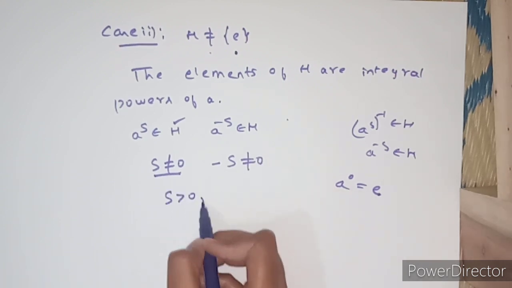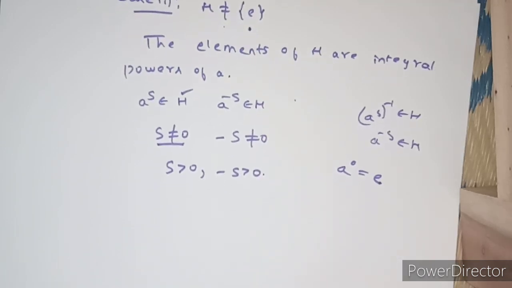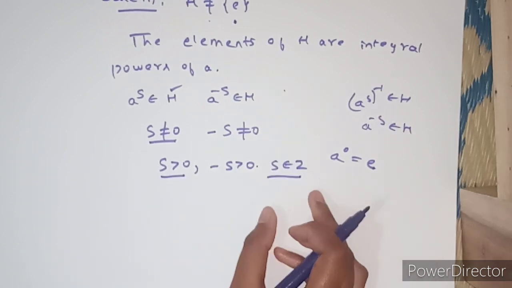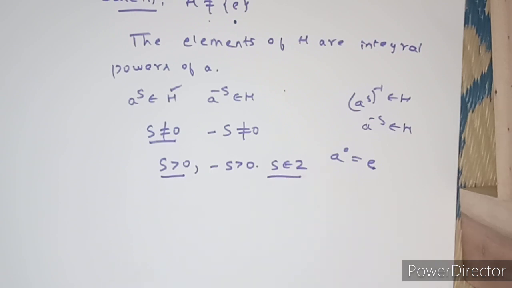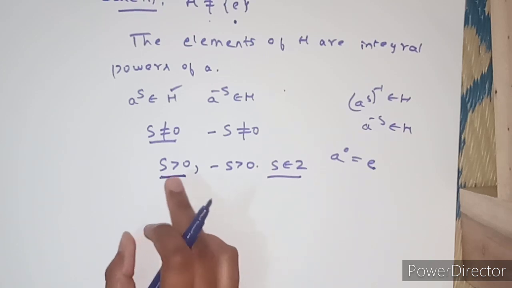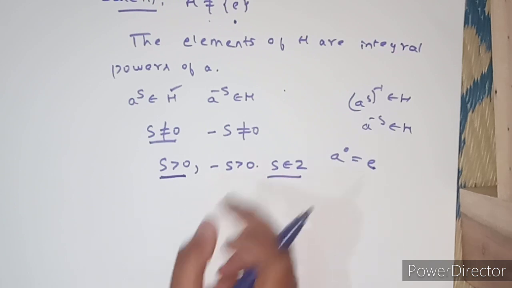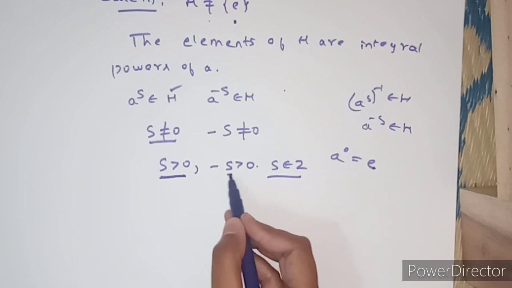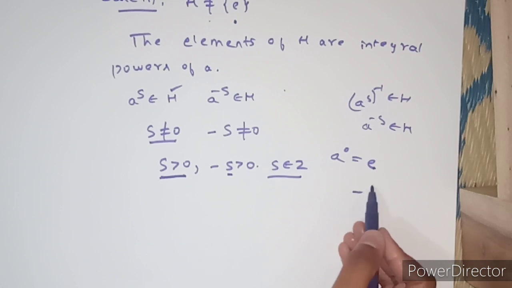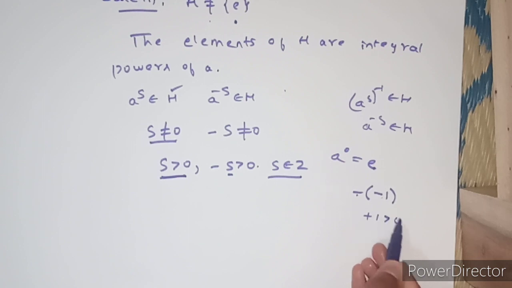Either s is greater than 0 or -s is greater than 0. Why have I written like this? This condition is satisfied because s belongs to the integers. What are integers? Integers are nothing but positive and negative numbers. This condition holds for all positive integers. But how does it hold for negative ones? Here s is an integer, so if I take s as a negative integer, let us take -1, then minus into minus is plus 1, so +1 is greater than 0.